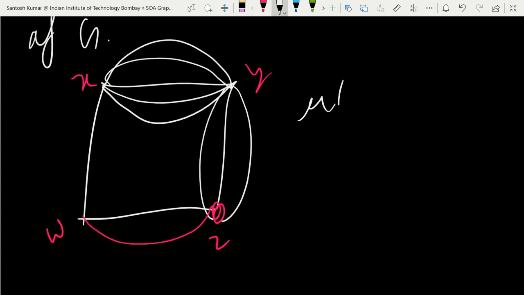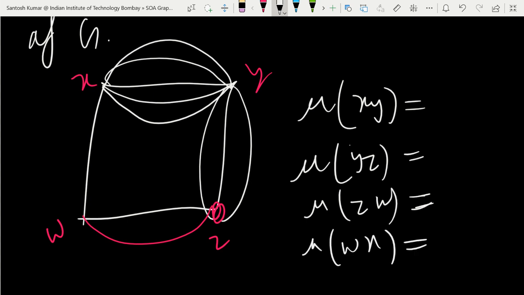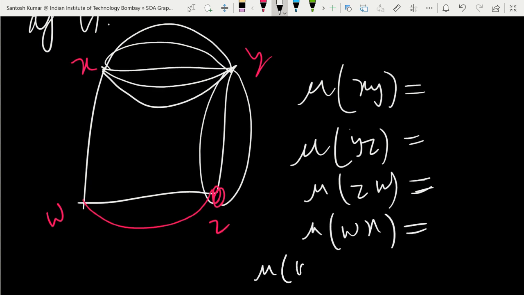So what is mu of xy? Mu is multiplicity. So multiplicity between vertex x and y, or edge xy, multiplicity of yz, multiplicity of zw, and multiplicity of wx. And what is multiplicity of graph G? You try and tell.